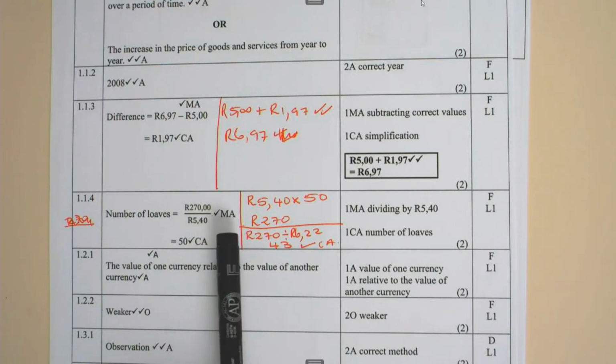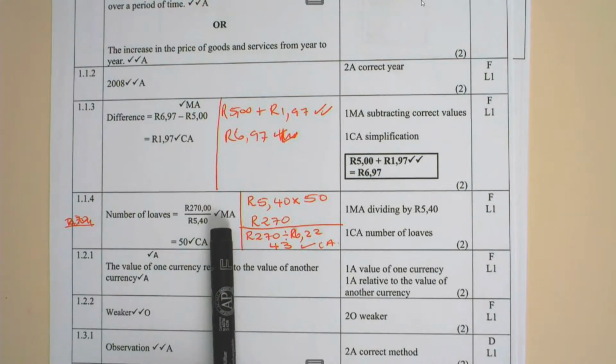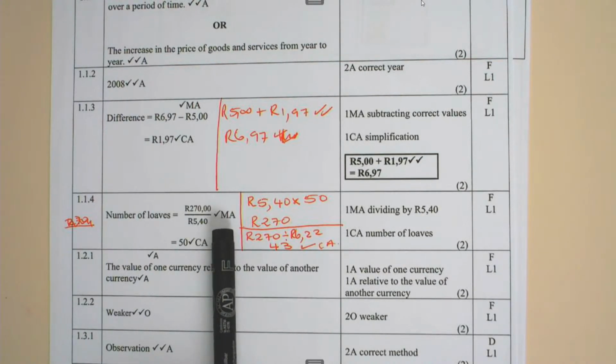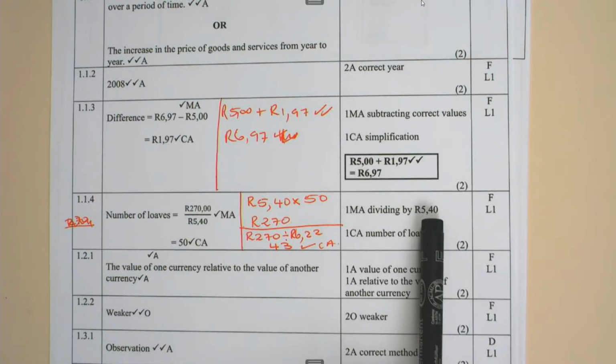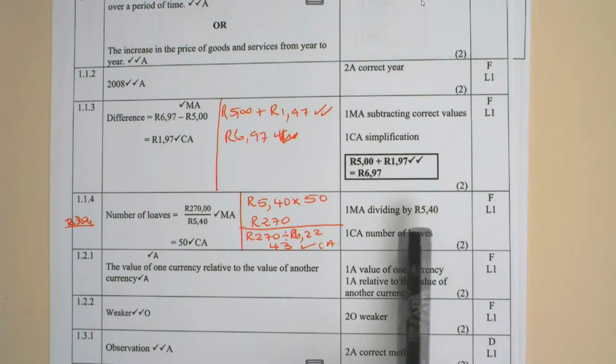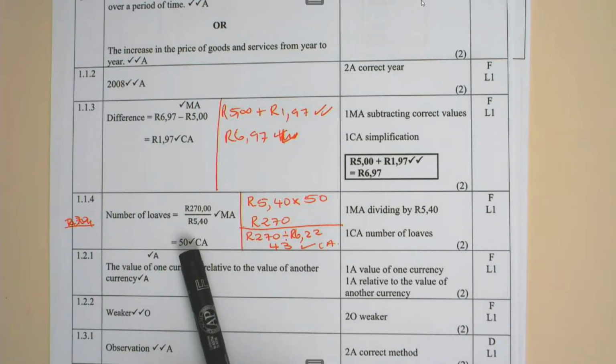Then you give a learner a mark for method with accuracy by dividing by R5.40. Then the answer should be 50. And then you give the learner the CA mark.